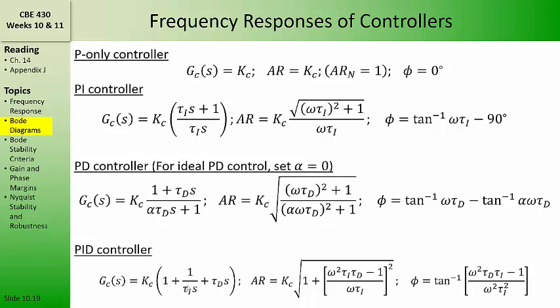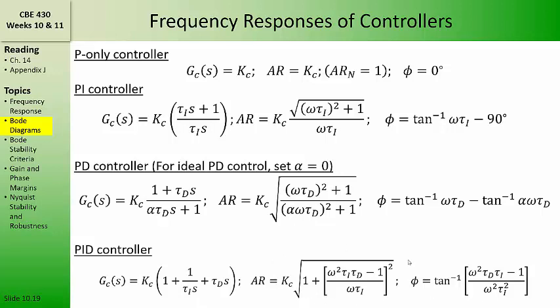For the PID controller, we could either substitute s equals j omega and find the real and imaginary parts, or we could also rewrite this in the series form, which was given in table 8.1 back in chapter 8, so that it is a product of transfer functions that we can find the amplitude ratios and phase angles for by reference to table 14.1.